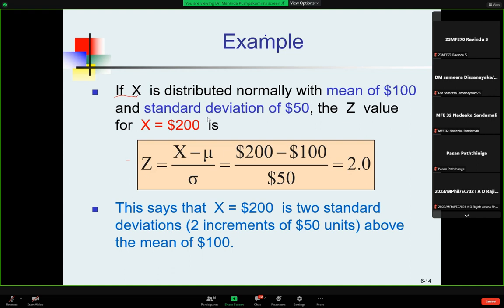Now this shows the z distribution and x distribution. As I drew earlier, let's say this is the distribution of x.